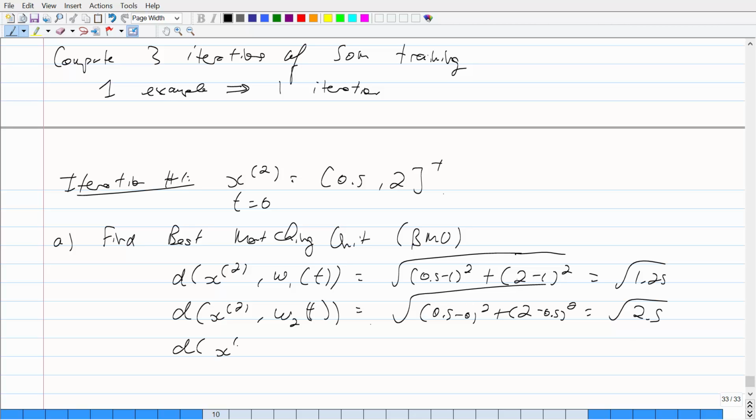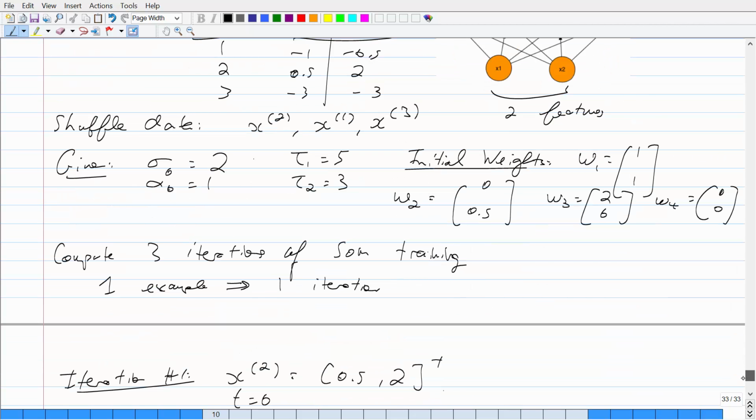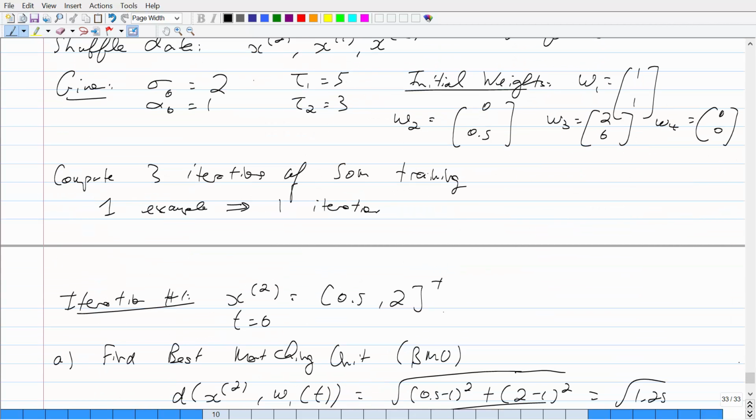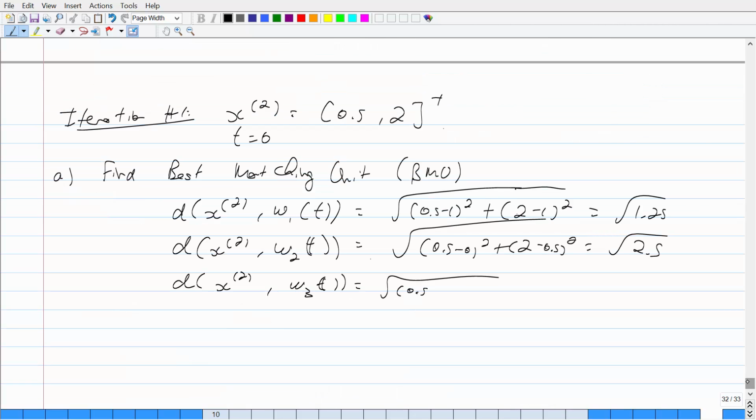Find the distance between the example and the third set of weights currently. So this is 0.5 and then 2 and 0, I think. Yeah, 2 and 0. Sorry, it looked like a 6 for a minute. So 0.5 minus 2, and then plus 2 minus 0.